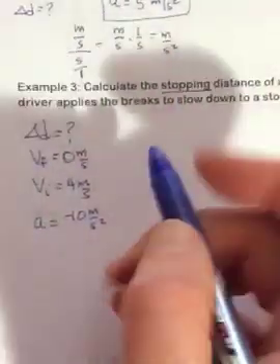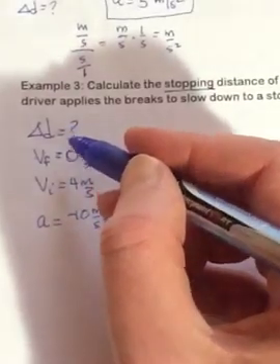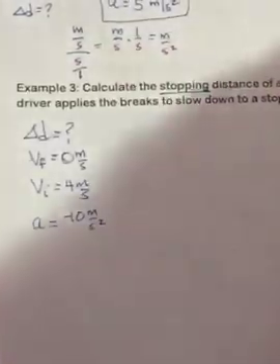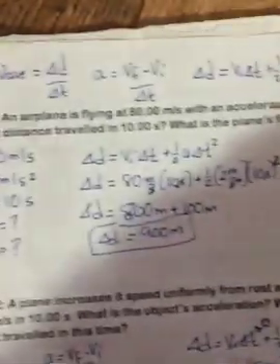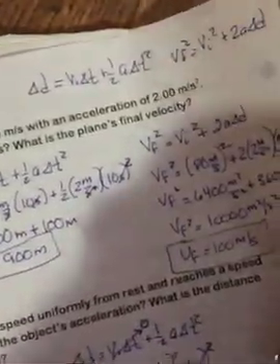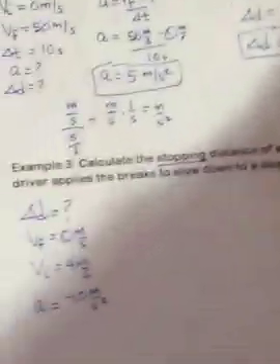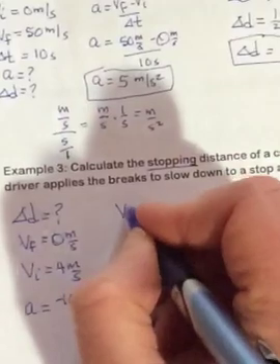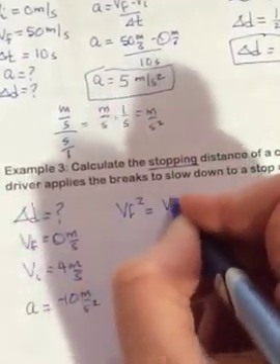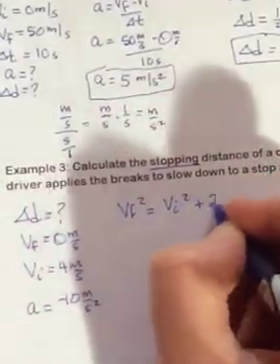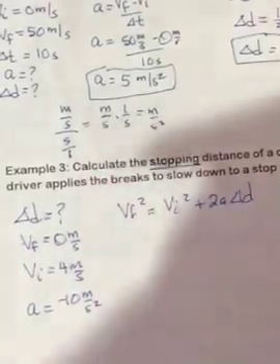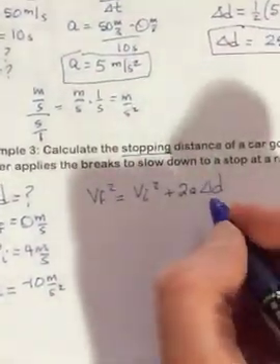Okay? So what equation do we have that has a delta D, a VF, a VI, and an A in it? So go back up top here and take a look. We don't have time. And the only one up here that doesn't have time is this fourth one. Okay? So you're going to use VF squared is equal to VI squared plus 2A delta D. And we want delta D, so we're going to have to rearrange for it.